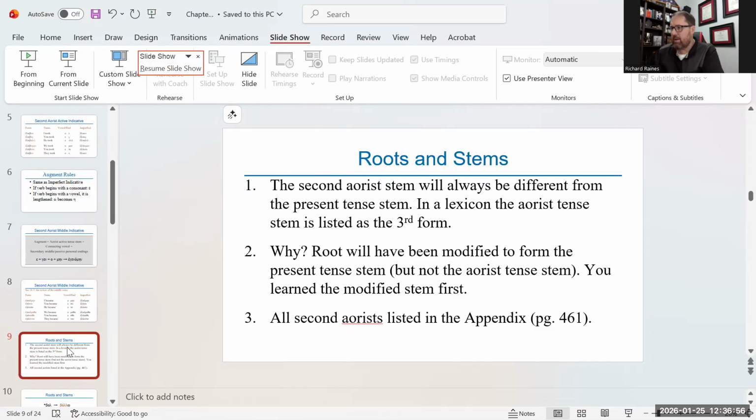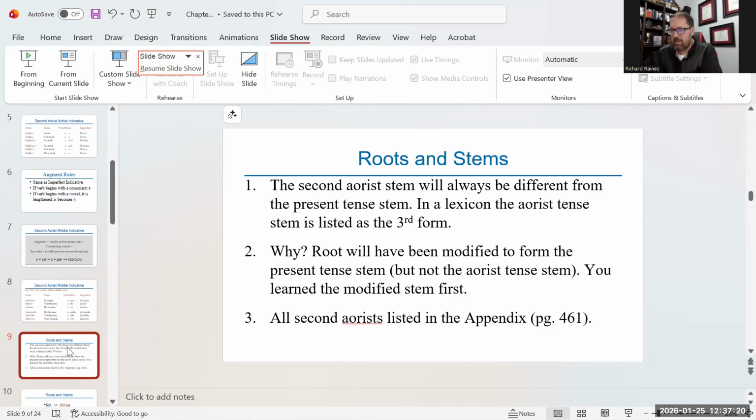Now we learned lambano. Let's go to lambano. That's on page 462, right? So you see here, lambano, I take, I receive. The first one, the second one, the third one shows you that aorist tense.